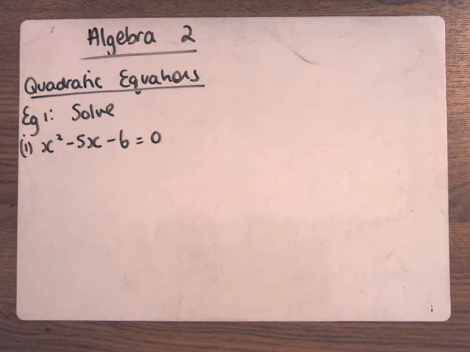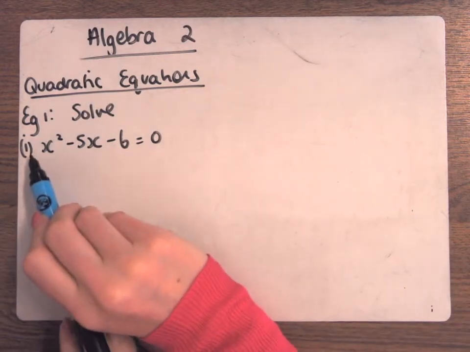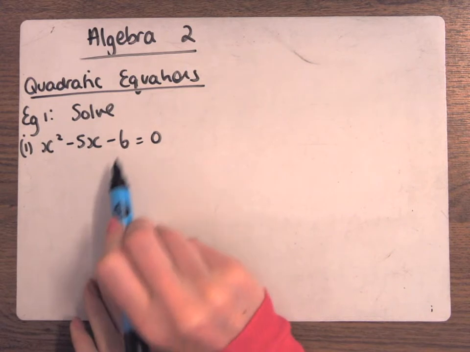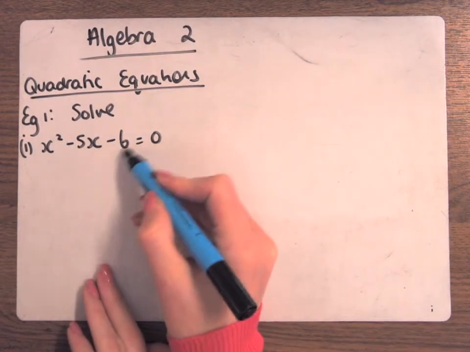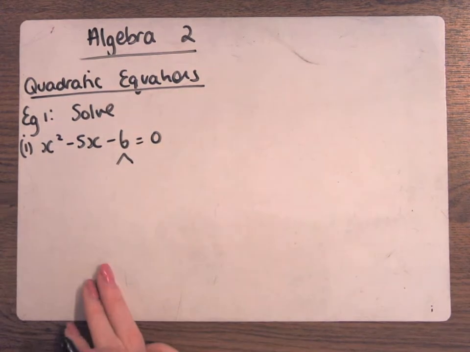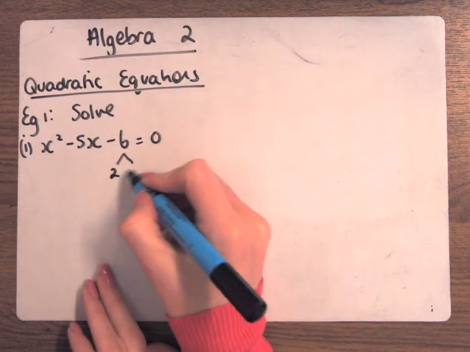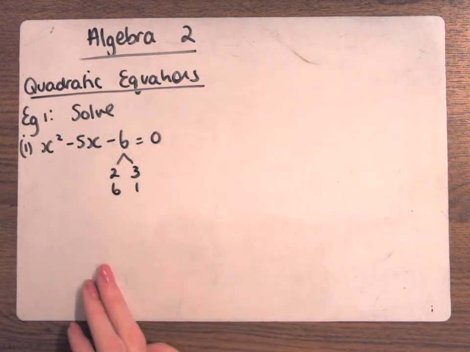So the first one, solve x squared minus 5x minus 6 equals 0. So same as factorizing, if there was a number in front of the x squared, you'd multiply it and then you'd get the factors. In this case, we just need the factors of 6, which is going to be 2 and 3, or 6 and 1.